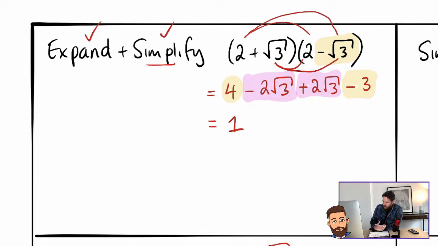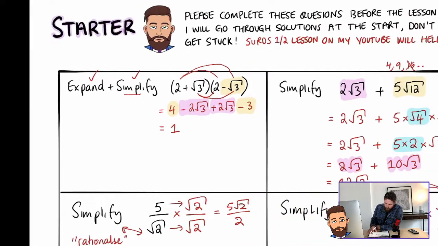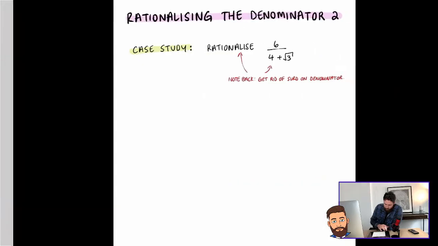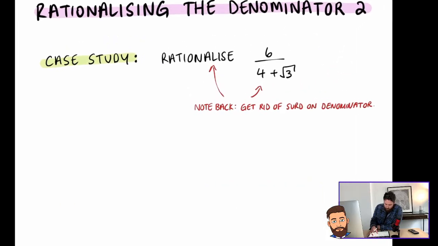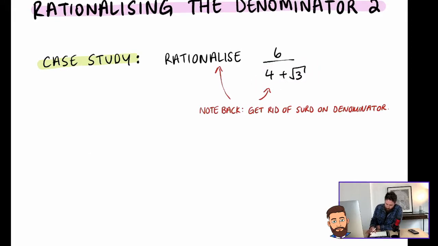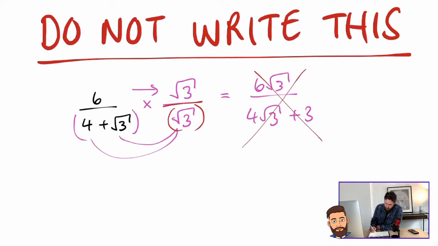So we're going to take that understanding and we're going to develop our already basic understanding of rationalizing the denominator and just add in that extra step. So if you're a little bit unsure, you're about to see what I'm talking about now. Clearly, we've just shown we can't just times by root 3 because you don't get rid of the surd.